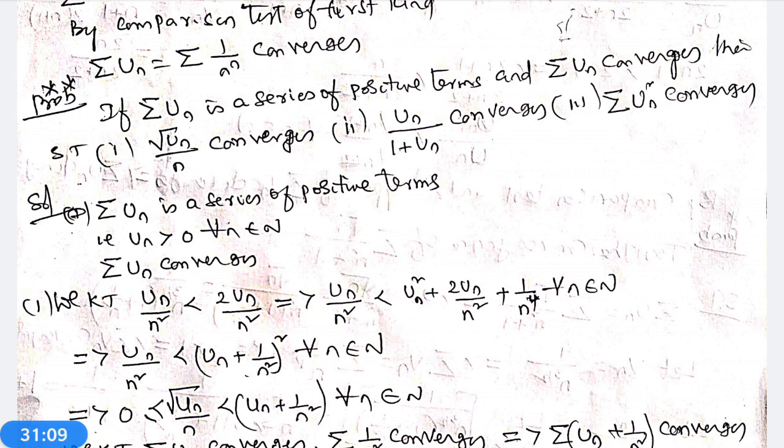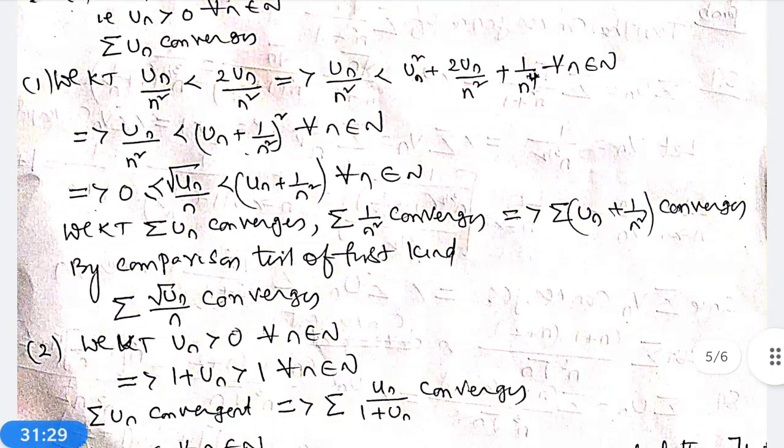Therefore, sigma un plus 1 by n square also converges. By comparison test of first kind, sigma square root un by n converges. This is the first result.